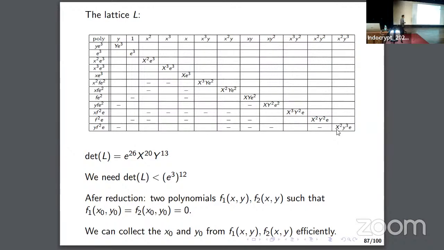So all of these are basically 0 modulo e cubed. So this to the power 1/12 should be less than e cubed. So finally, this is the bound. And after lattice reduction, if we get these two polynomials whose roots are x0, y0 not only modulo e cubed but over the integers, then using some idea like a Gröbner basis or resultant, you can find the root.